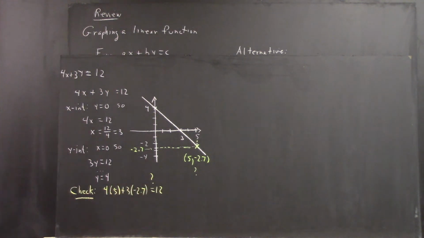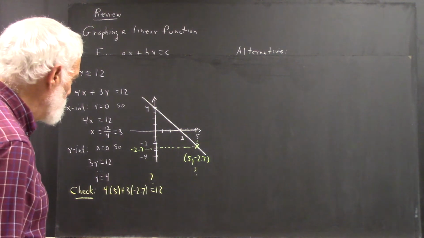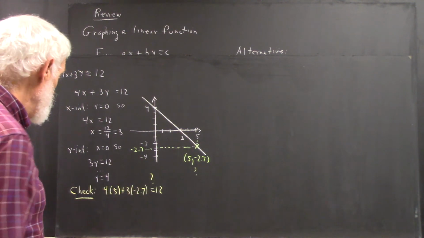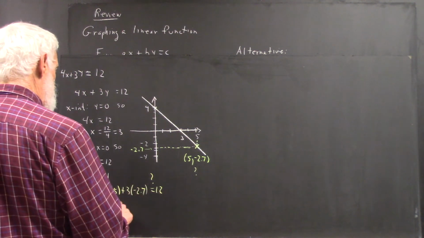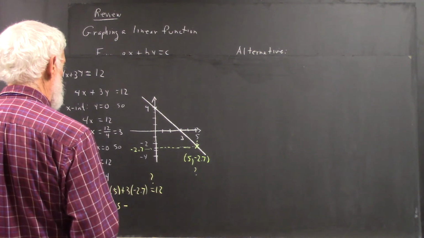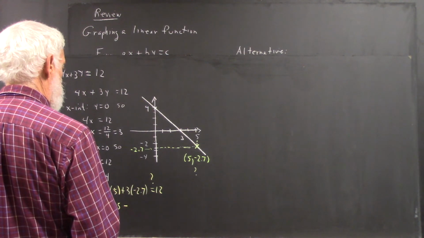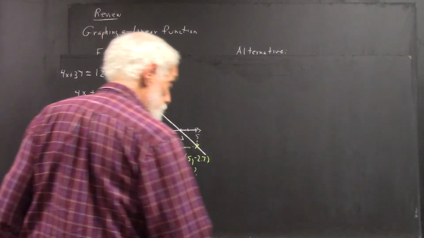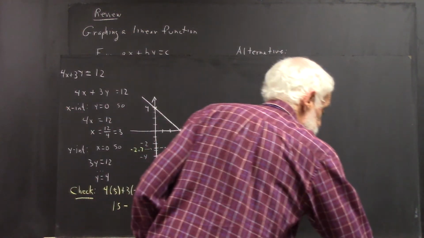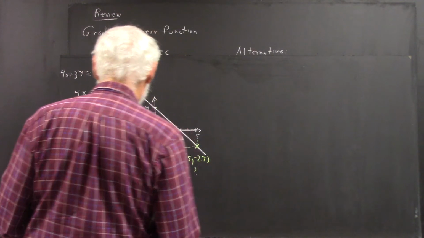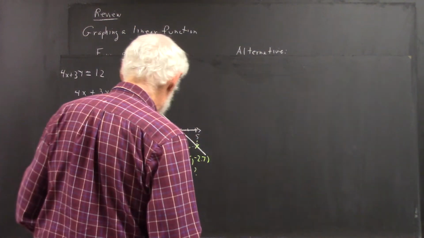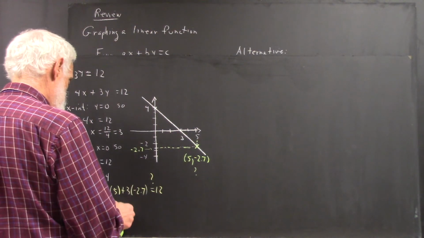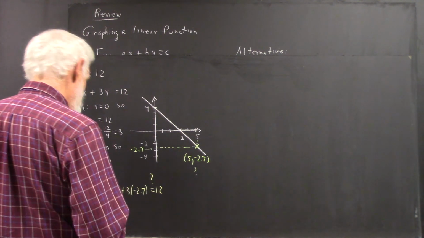Is 4 times 5 plus 3 times -2.7 equal to 12? Sorry, 4 times 5 is 20. I got a number in my head and didn't look at the number I had. That wasn't going to work out.